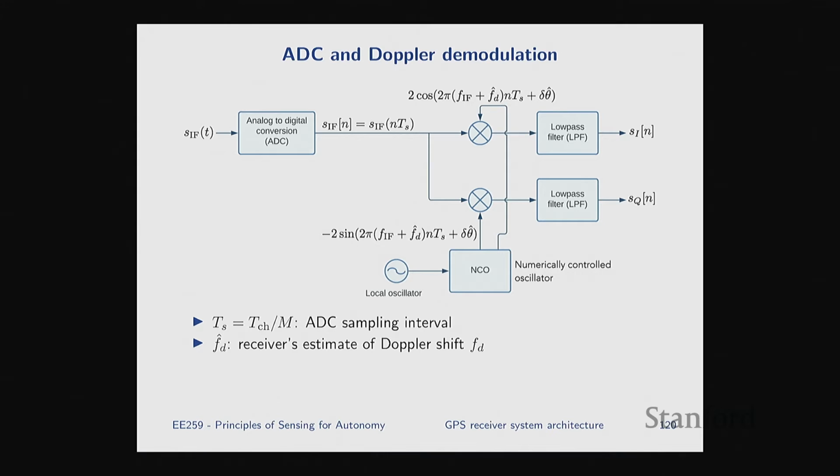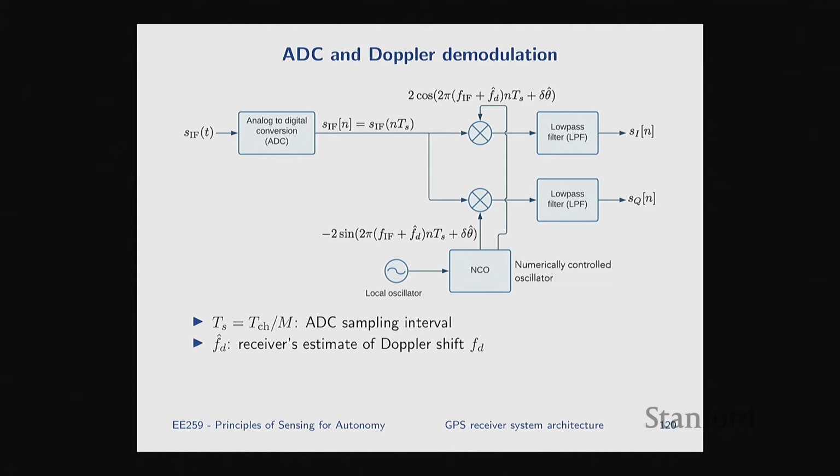Let's say, for now, the receiver has some estimate, f hat. I'll tell you where this is coming from. If you have some estimate of what the Doppler shift is, you can tune your numerically controlled oscillator to output a sine and a cosine term that is exactly at f_IF plus f hat Doppler.